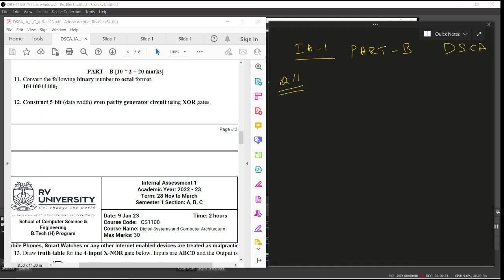Convert the following binary number to octal format. Let us use the simpler method for 1011 00 111 00 in binary form. As I mentioned, we can divide that into 3-bit patterns because octal numbers vary from 000 to 111, that is, 0 to 7.